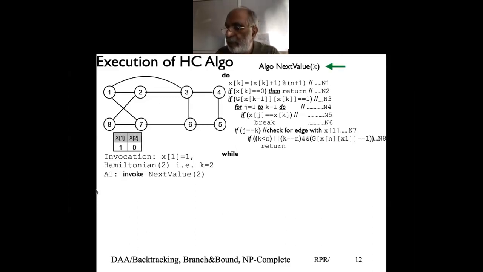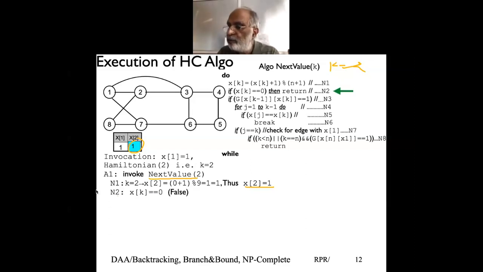Now look what happens. We invoke next value 2 from the Hamiltonian cycle, so we come here. The first step is to increase xk. Please note my k is equal to 2, and initially x2 was 0, so x2 becomes 1 now. Check, is x2 equal to 0?